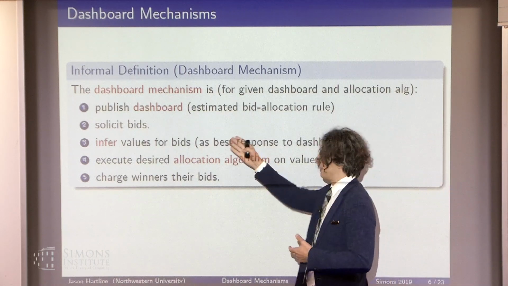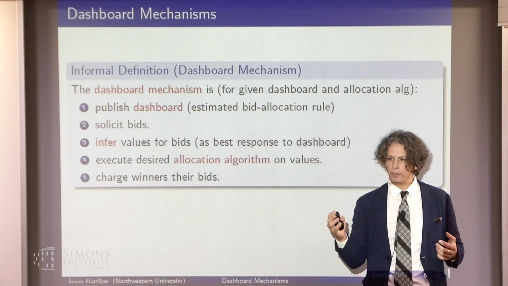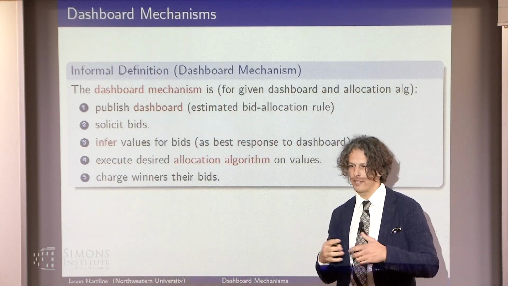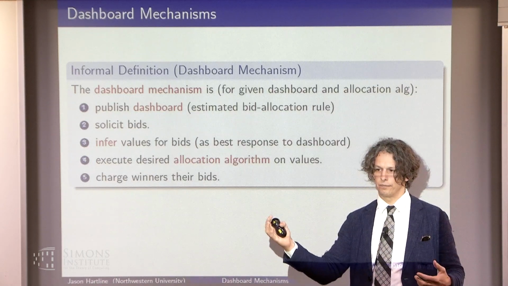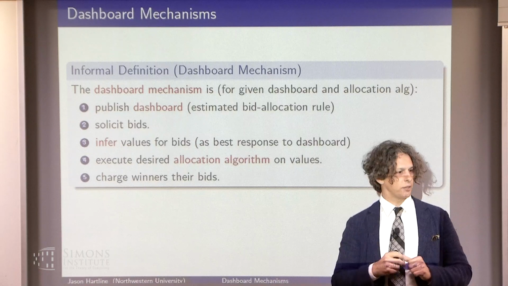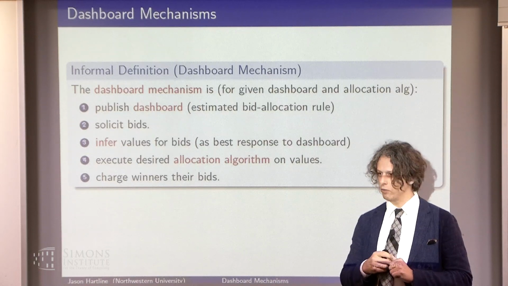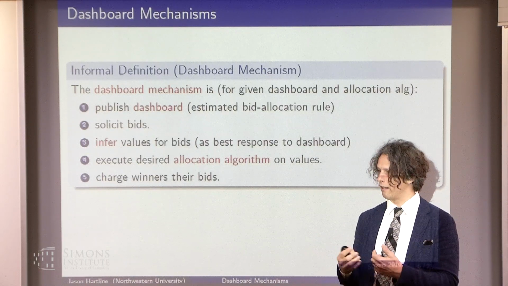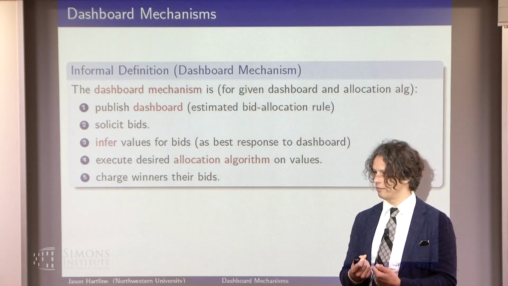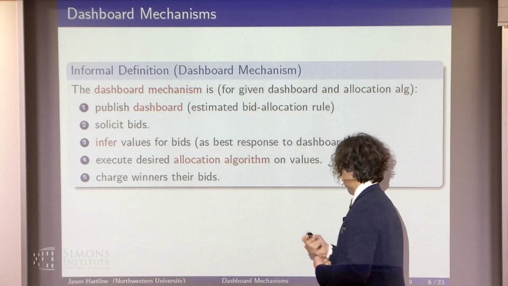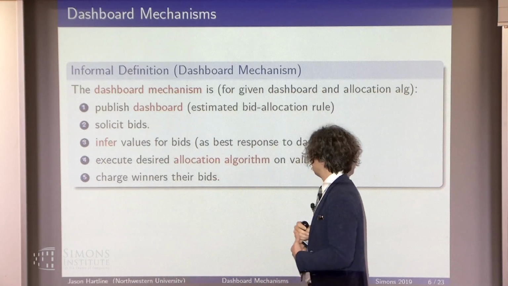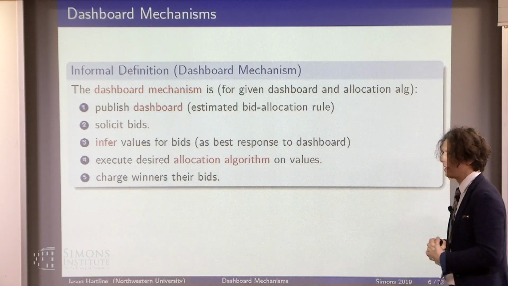I'm then going to ask for bids, and then I'm going to assume that the bidders have actually responded to the dashboard I published. Okay? If they've actually responded to the dashboard I published, then I can really easily invert their action to get their preference. Okay? So I infer the values from the bids as best response to the dashboard.